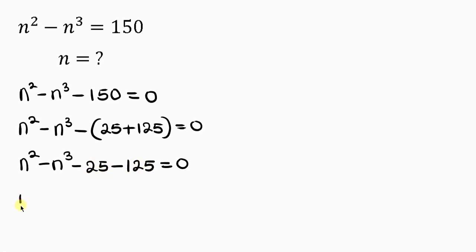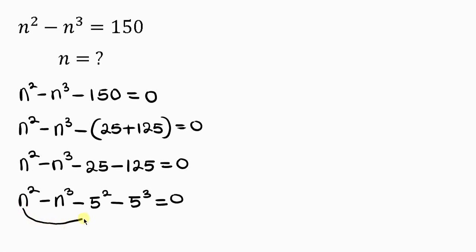So this is n squared minus n cubed minus 25 is same as 5 squared minus 125 is same as 5 cubed. And this is equal to 0. Now our next step will be to pair the terms with square and the terms with cube. That means I'm going to be pairing the terms with square.